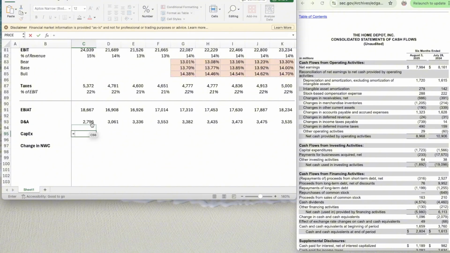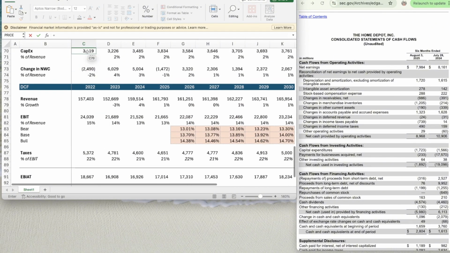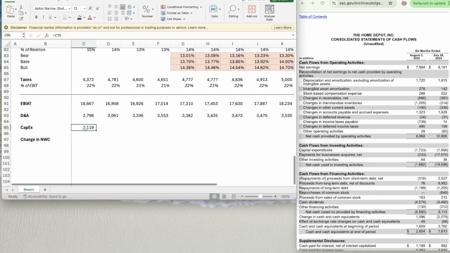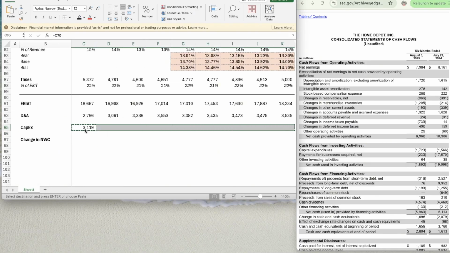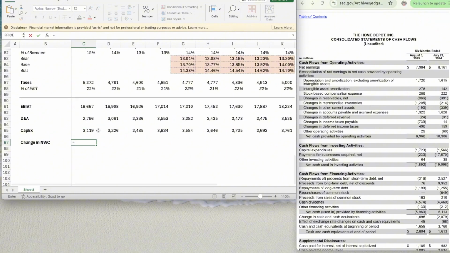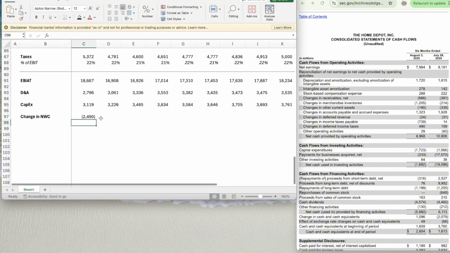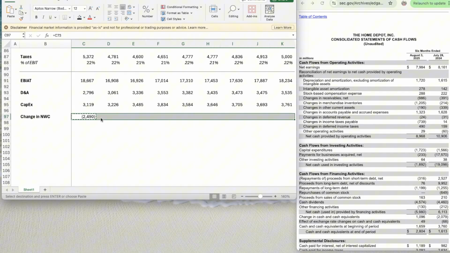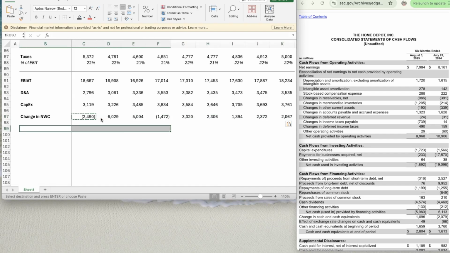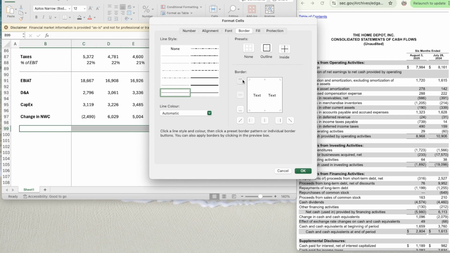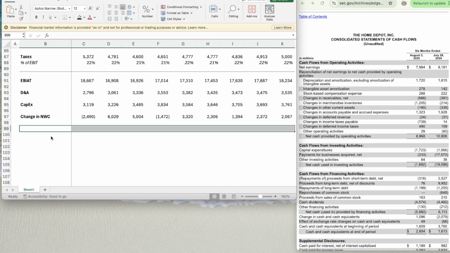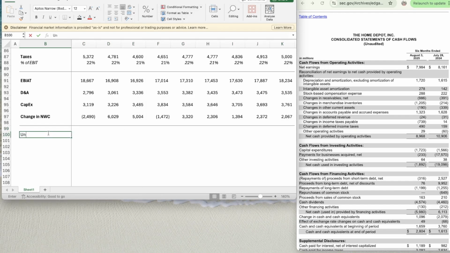The CapEx. Copy that across. There we have it. Now we take the border, we put a border in, and we have unlevered free cash flow.